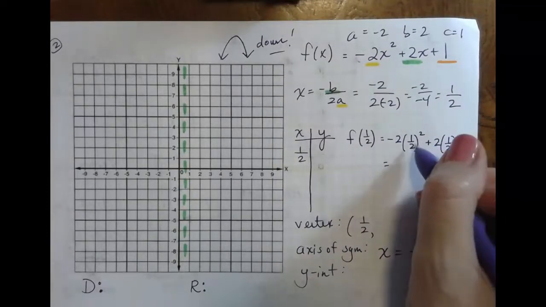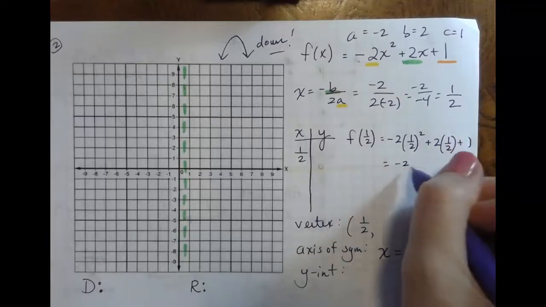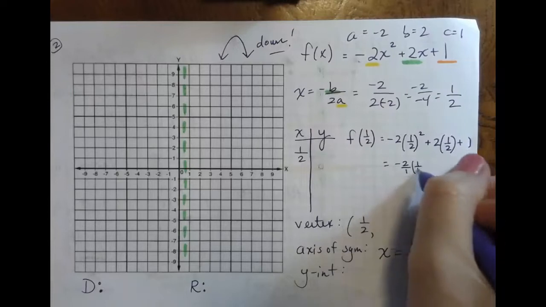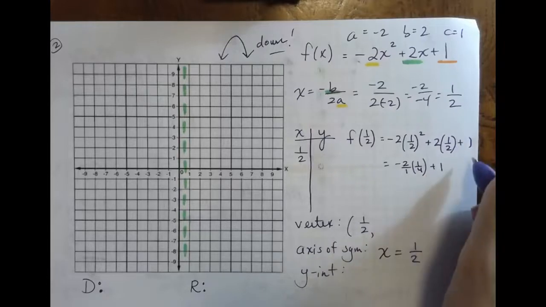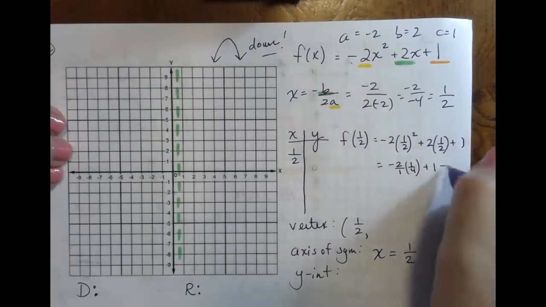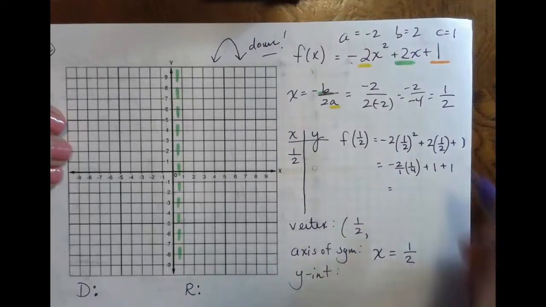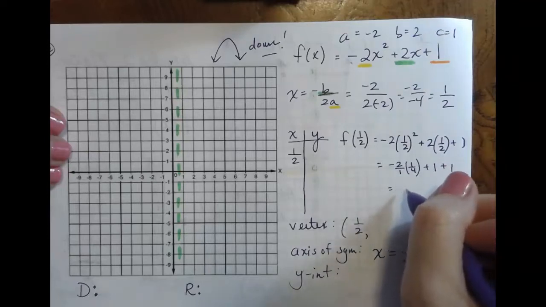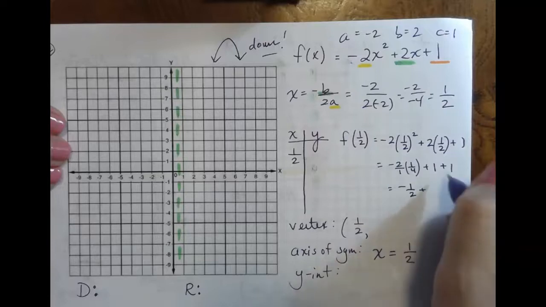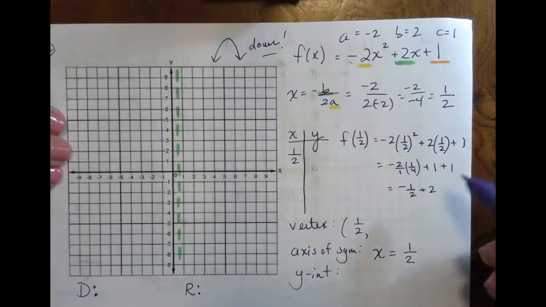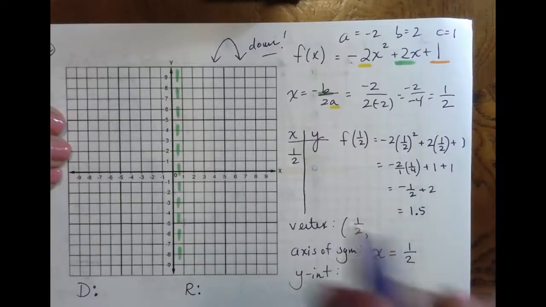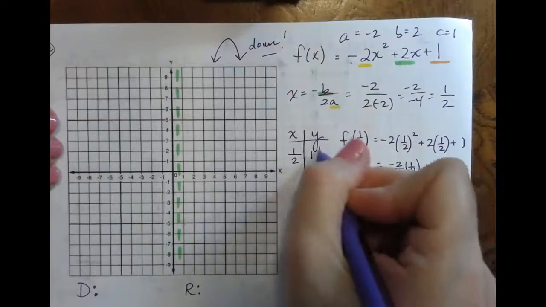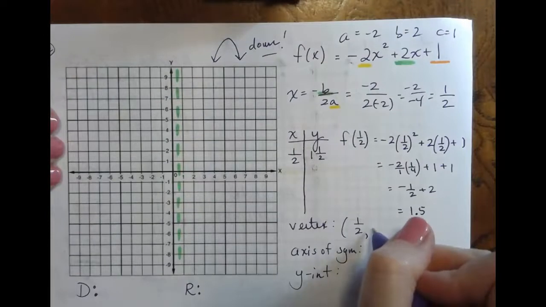Remember, power first. 1/2 squared is 1/4. -2 over 1 times 1/4, plus 2 halves. 2 times 1/2 is 1, and plus 1 all the way over there on the end. So -2 over 1 times 1/4 simplifies to 2/4, so -1/2, and then 1 plus 1 is 2. Think about it like money. You have $2, you spend 50 cents, that leaves you with 1.5. So 1/2 and then 1 and 1/2, that is our vertex.